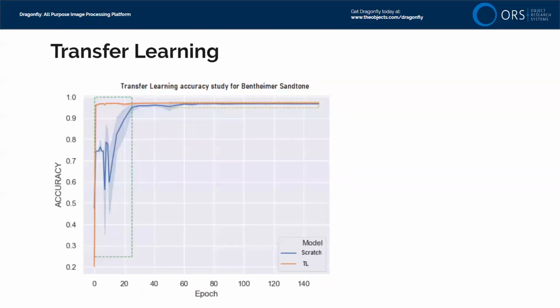Now, I want to talk about transfer learning. Transfer learning has been described in the literature a few times, in both object detection and in semantic segmentation. Transfer learning is when you're able to take advantage of a neural network that was trained on one data set to help you converge faster on another data set.